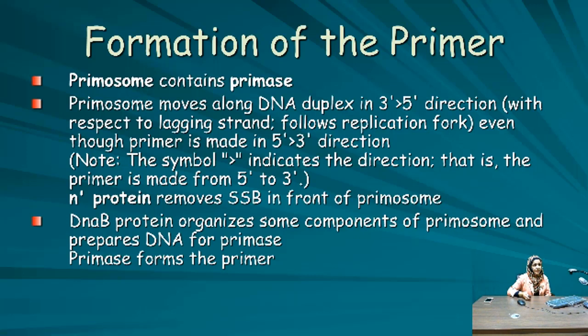That is, the primer is made from 5' to 3', and N' protein removes single-stranded protein in front of the primosome, which prevents the strands from winding again.